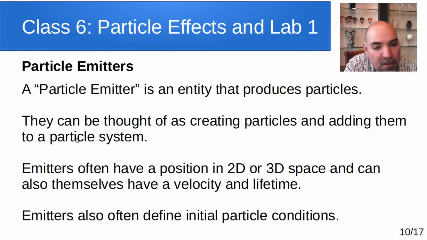Those emitters will often define the initial particle conditions, and that could be based on lifetime. As the sparkler is operated and reaches the end of its lifetime, it might fade out and produce fewer sparks until it stops altogether. Or if it was a fuse, it could create little sparks until it gets to the object, and there could be an explosion when it gets to the end. And that's kind of what you're going to do in the lab later today.